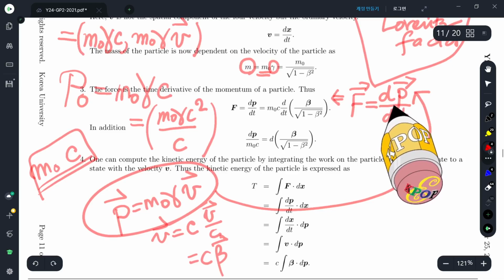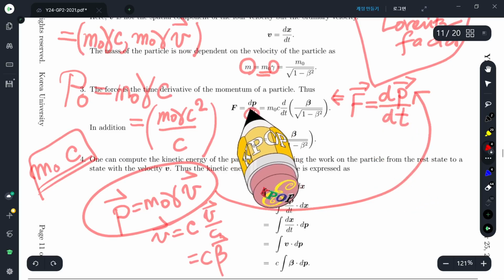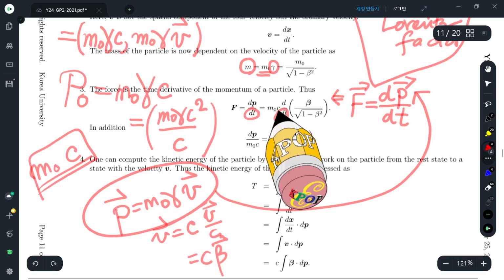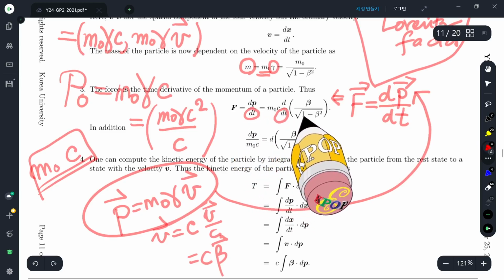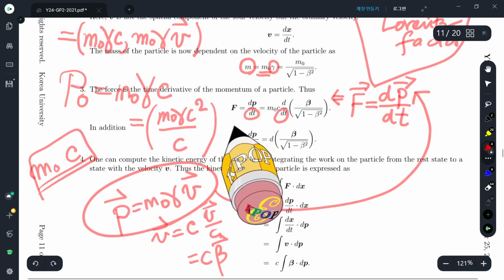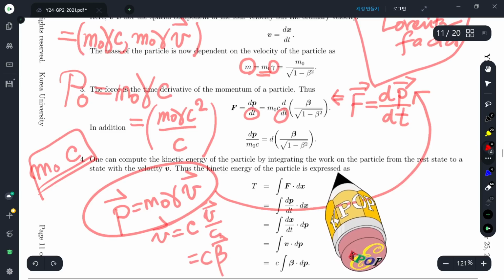All right, to simplify the calculation, we notice that this dt appears in the denominator on both sides. So we can just remove it by changing the variable from time to the momentum itself.